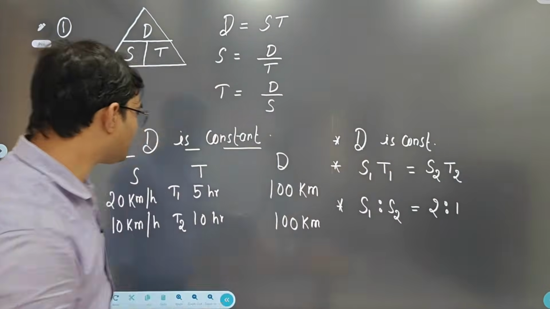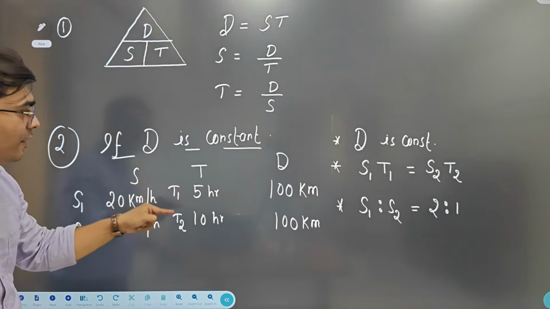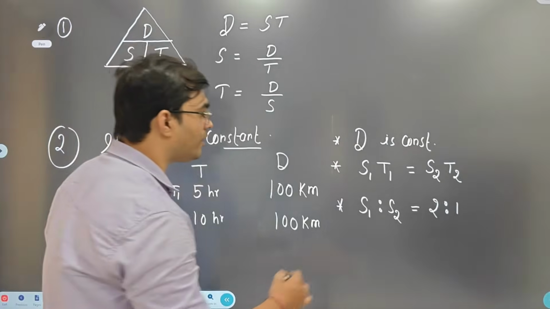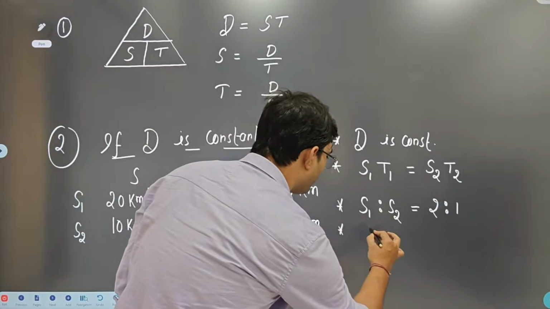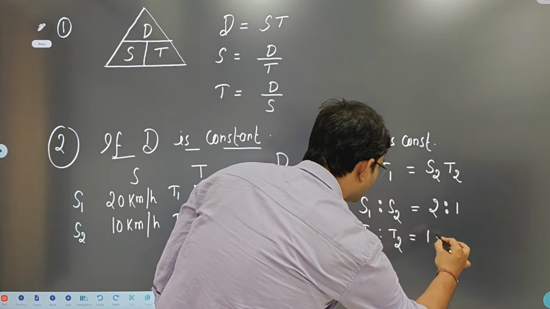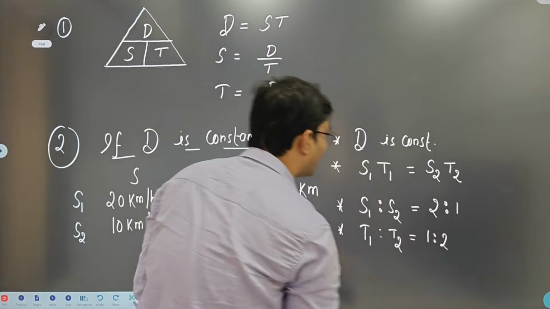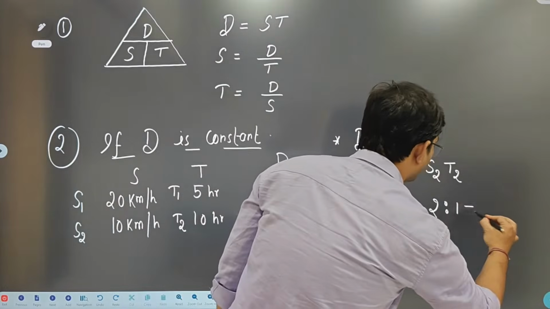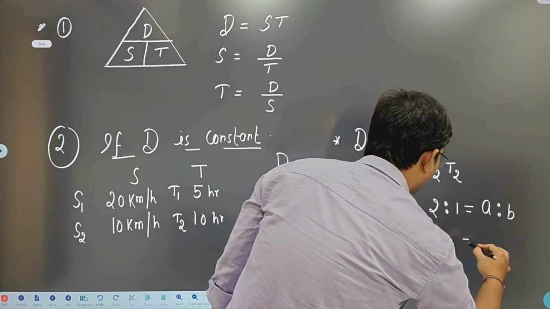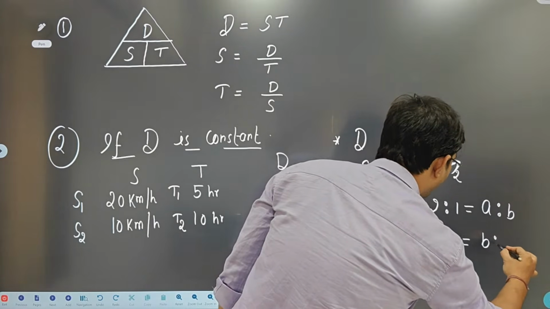Now in similar cases, if you find the ratio of T1 to T2, that becomes 5:10, that is 1:2. So the ratio of T1 to T2 will be equal to 1:2. So can I say that if the ratio of S1 to S2 is A to B, then the ratio of time will be in the form of B to A.